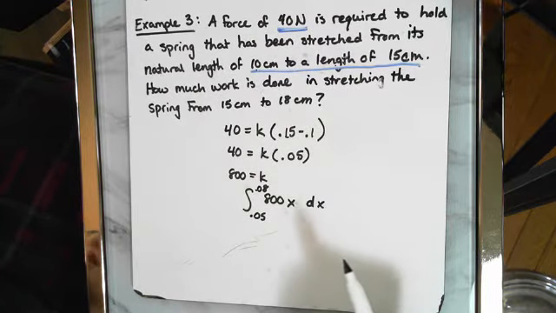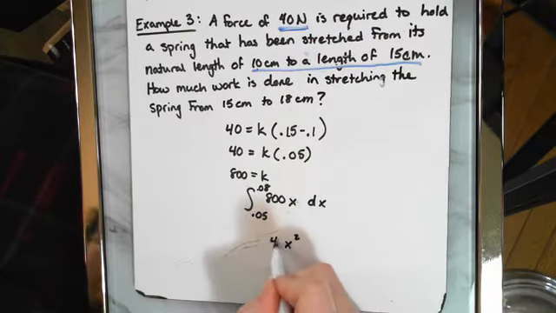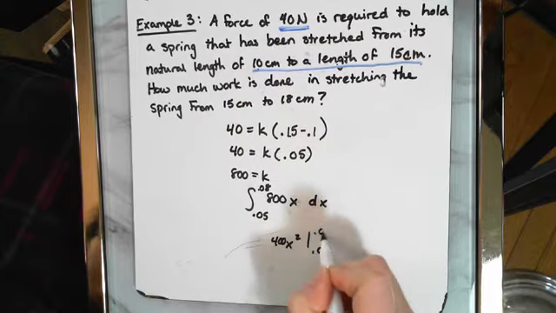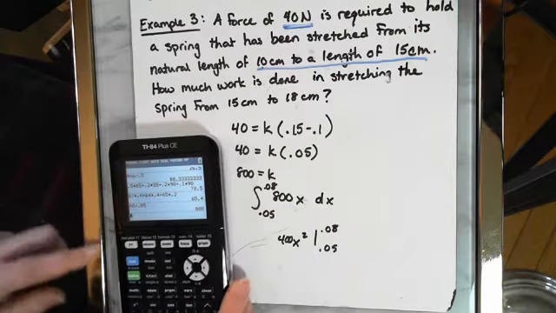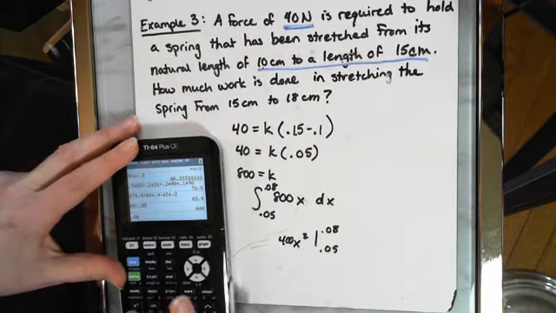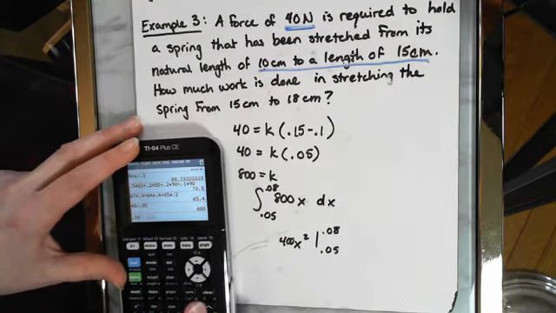Now I'm going to do my antiderivative. So this is x squared, and this is 400, and I need to evaluate it from 0.05 to 0.08. Okay? Now in my trusty calculator, I'm going to do that. So I have 0.08 squared minus 0.05 squared.